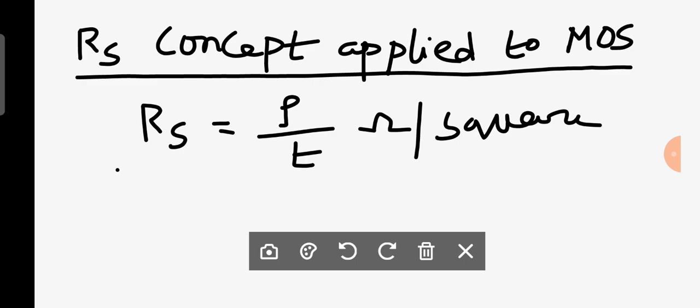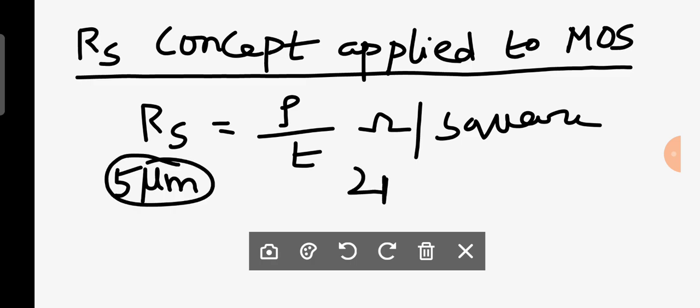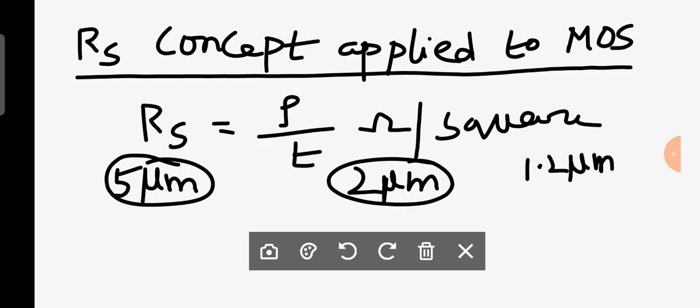We have three different technologies: 5 micrometer technology, Orbit 2 micrometer technology, 1.2 micrometer technology.